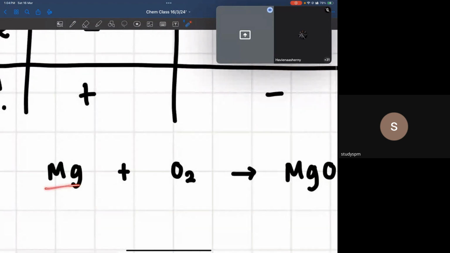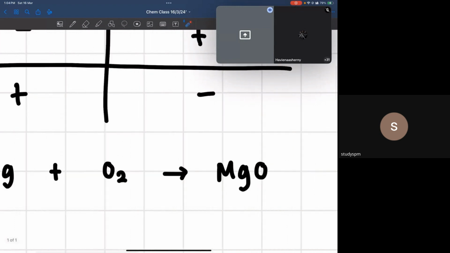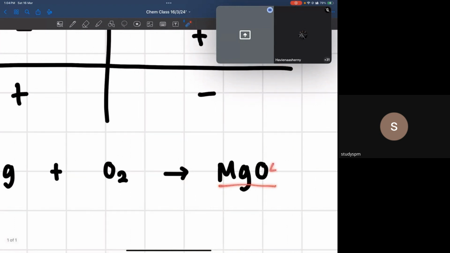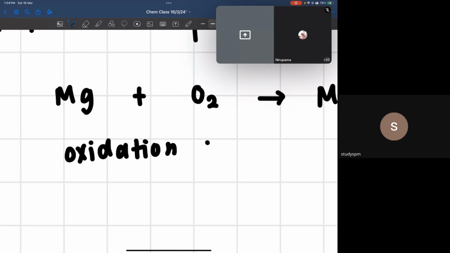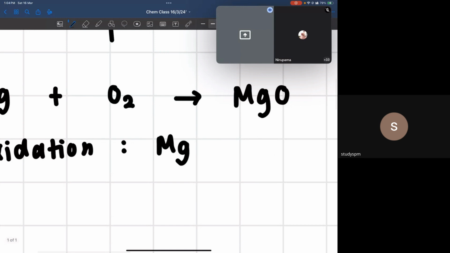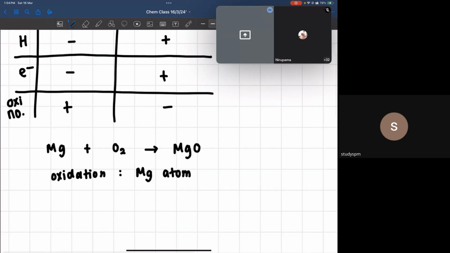So here at first only magnesium. Suddenly there's an oxygen atom, right? So the substance that undergoes oxidation is the magnesium atom. Okay, so which one undergoes reduction? Definitely it is oxygen gas, right?